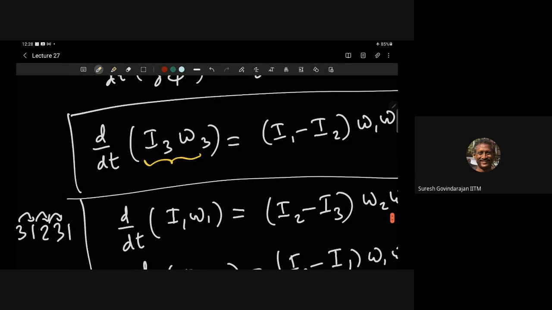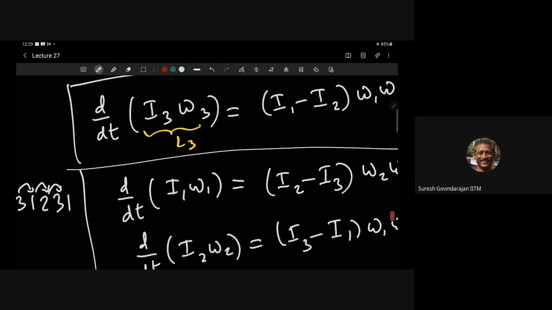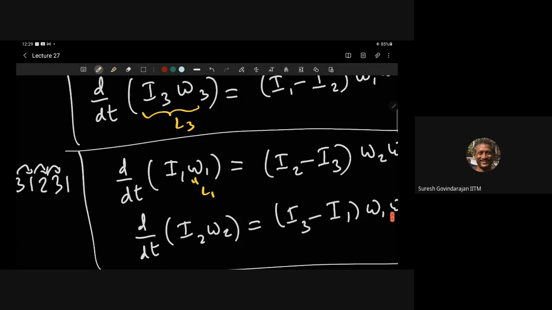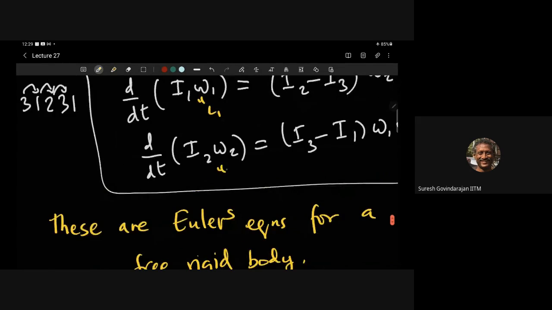What is I3 omega 3? Remember, these are the principal axes. So what is I3 omega 3? L3. Similarly, this is L1.